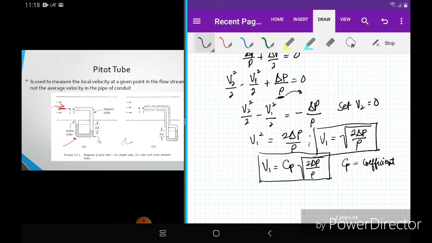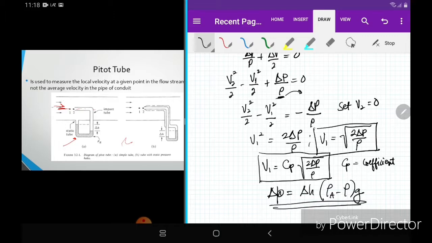Okay, so basically, since that is a manometer, remember our equation: delta P is equivalent to delta H times the quantity density A minus density B, times g.